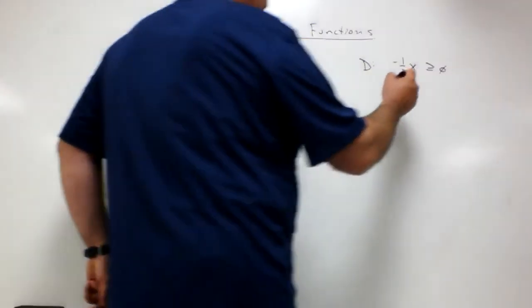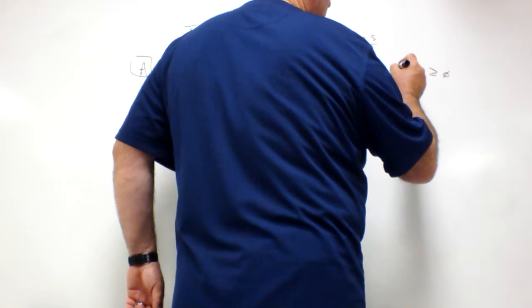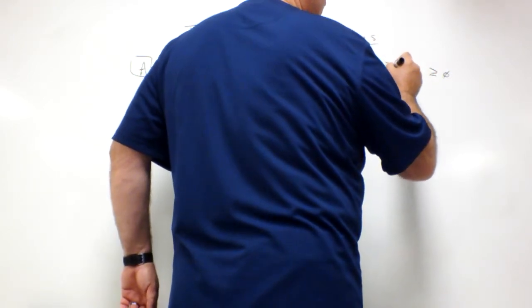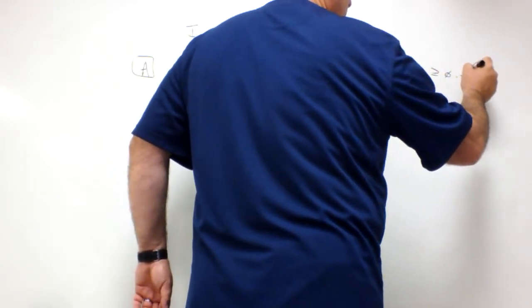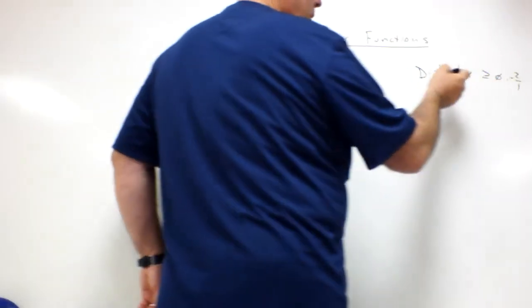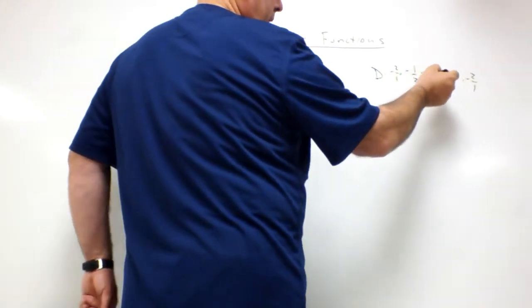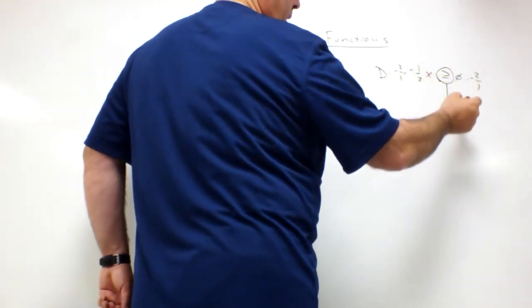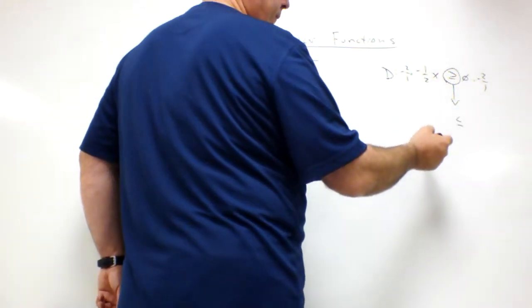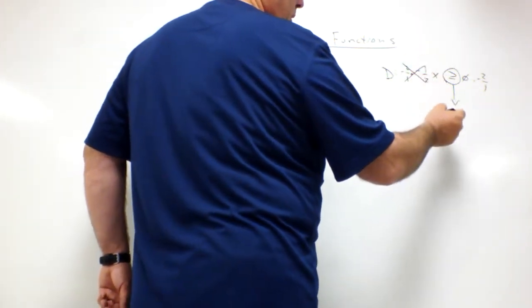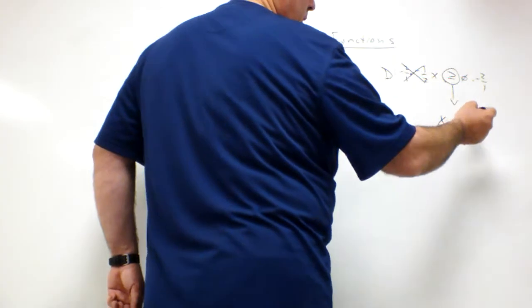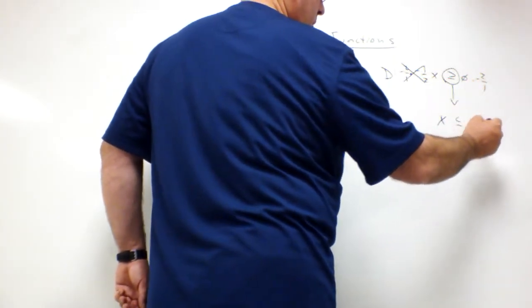When we do that, we have to multiply by negative 2/1. And whenever we multiply or divide by a negative on an inequality symbol, we have to remember to flip the symbol over. This goes to 1, and we get just x, and 0 times any number is 0.